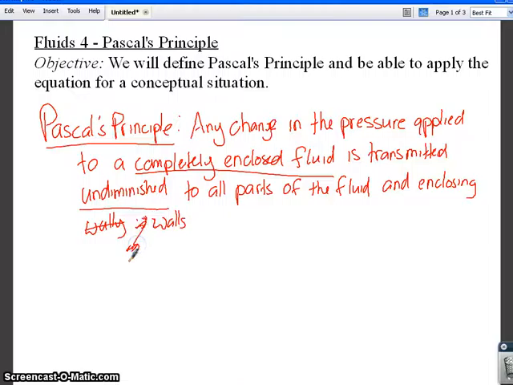Sorry about that. So any change in the pressure applied to a completely enclosed fluid is transmitted undiminished to all parts of the fluid and enclosing walls.